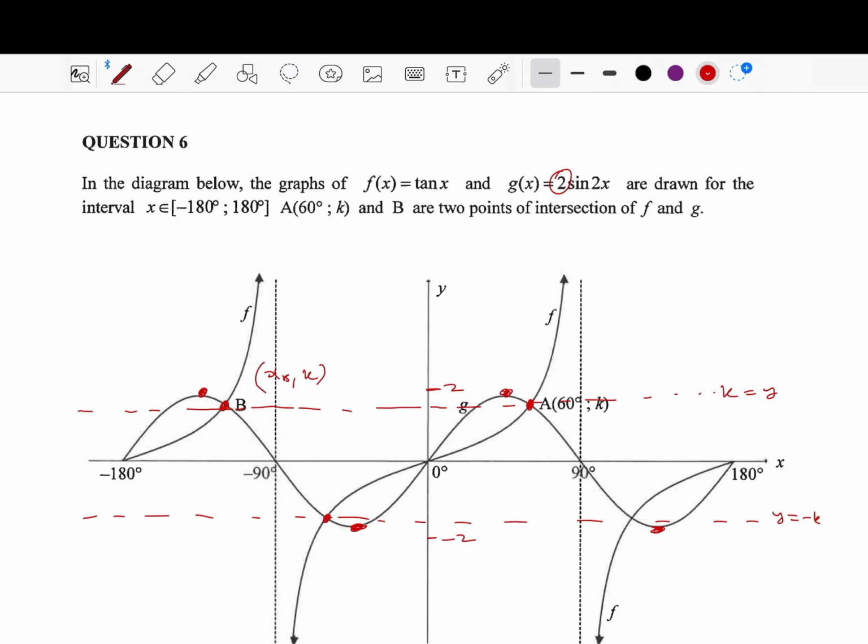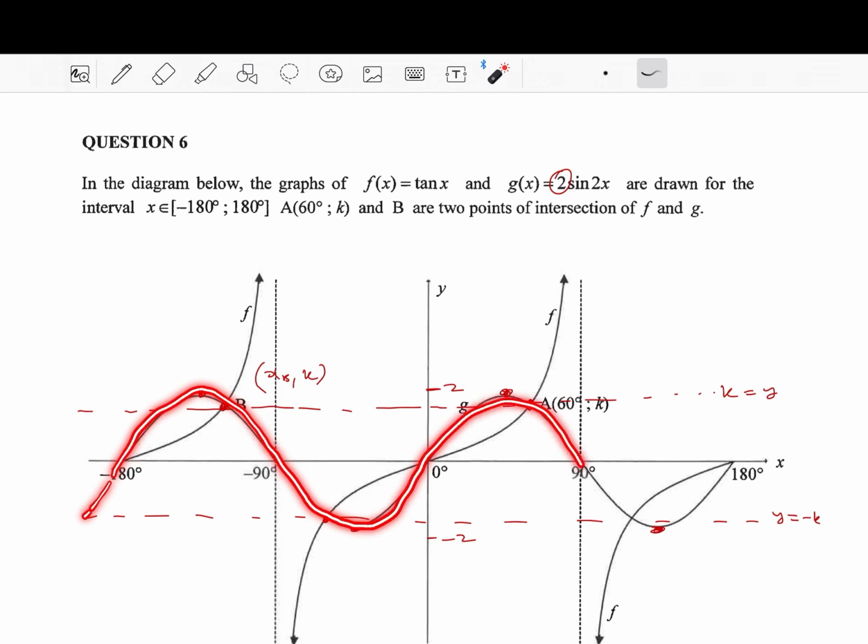It moves from negative 2 to 2, goes down to negative 2, and back to 2. So that's what you have.